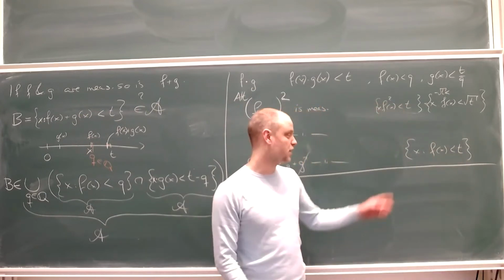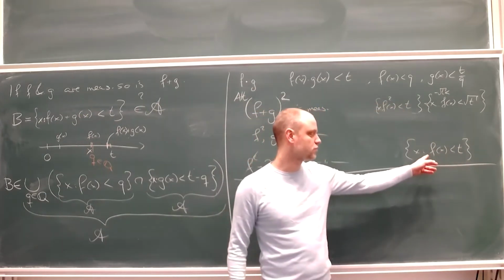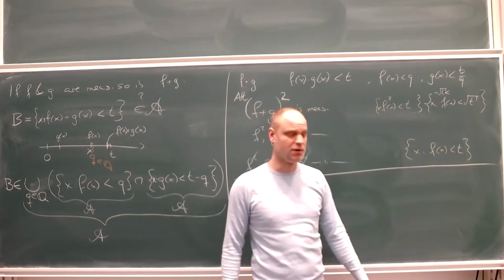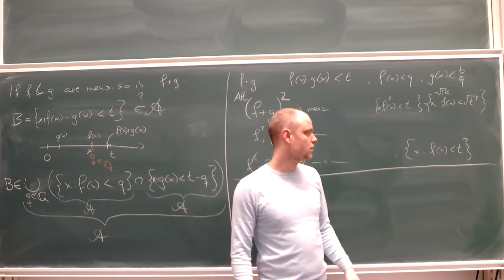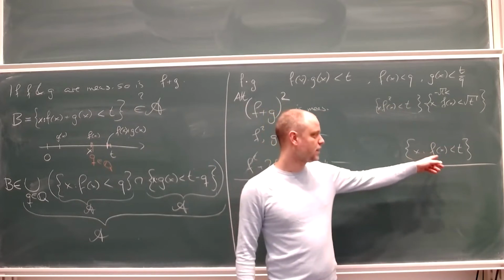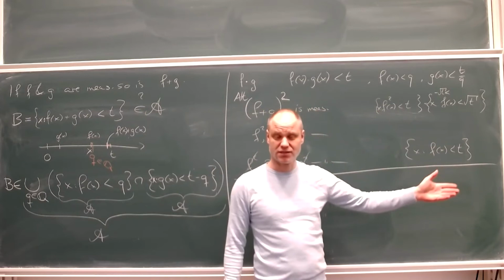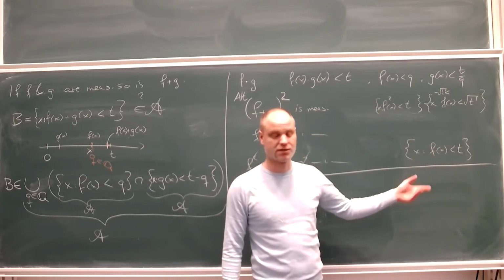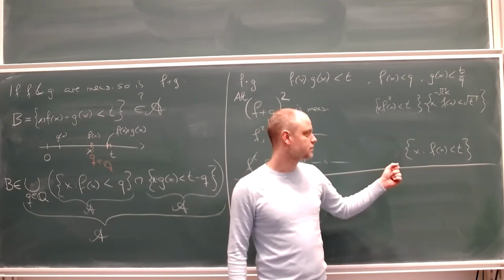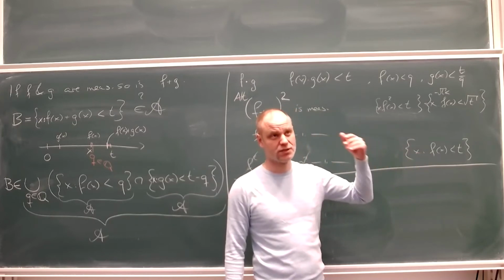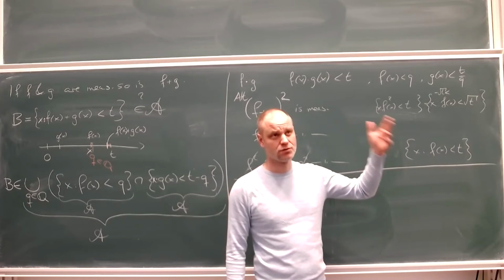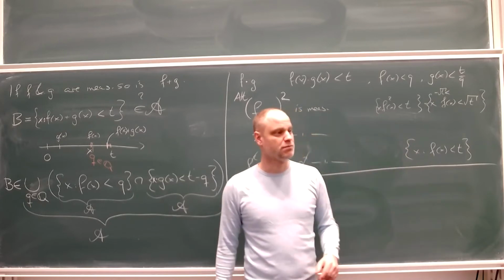Just writing this up again, this is what we want to check if a function is measurable, whether this set is in the sigma algebra. If f is increasing or non-decreasing, then this set is always a half axis, so it's measurable in the Borel sigma algebra, right?